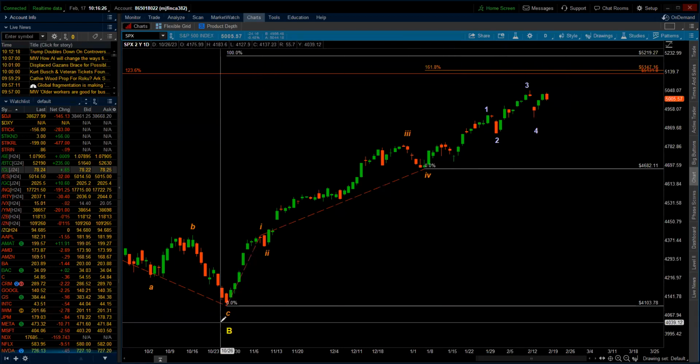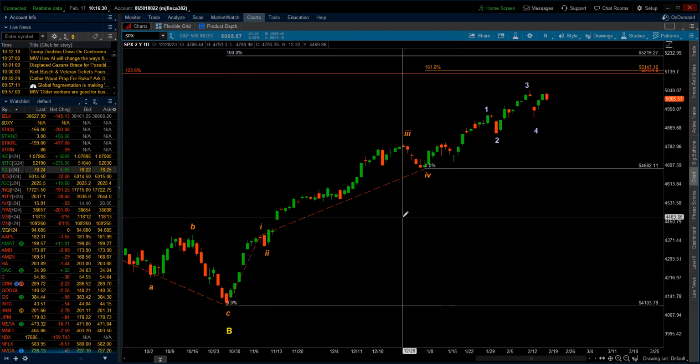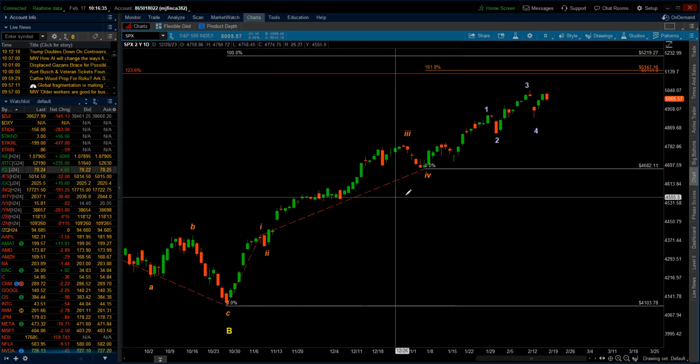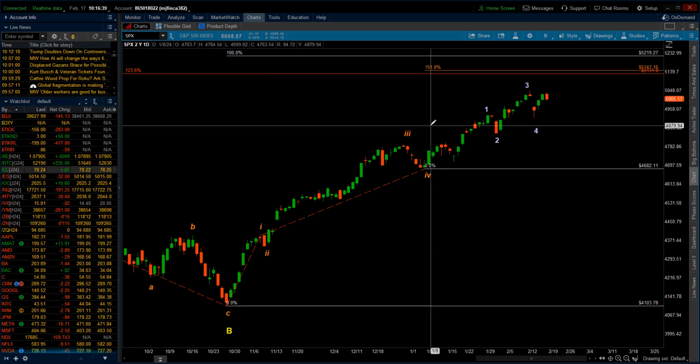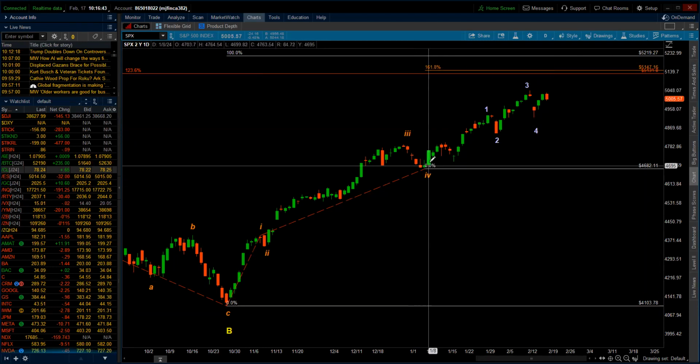So down here we had for the C wave. Now we're going inside there, and we're going to have our minor 5th wave as it relates to minor wave 1, 5 to 1, and its most common is 100%. That's been exceeded. Second most common, 1.618.